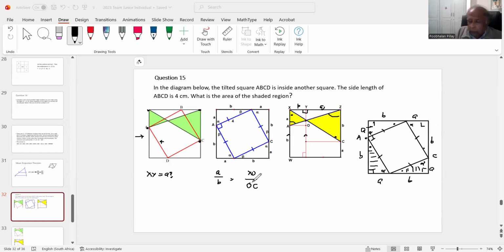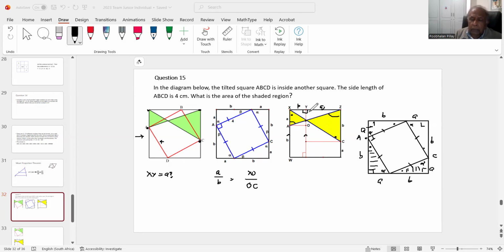This is all about similar triangles. If two triangles got the same angles, then their corresponding sides are in the same proportion. The side opposite that is A. The side opposite this equal angle is B. That is how you work the ratio of the corresponding sides.